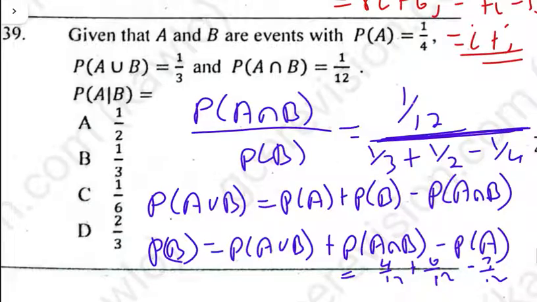So 6 plus 4 is 10, minus 3. Okay, so simplifying all of this is going to give us 1/3.